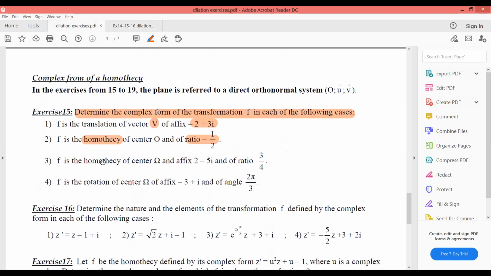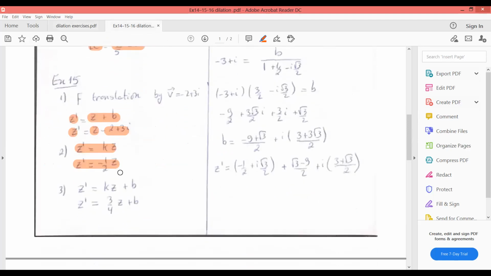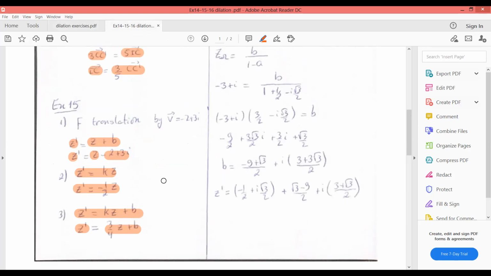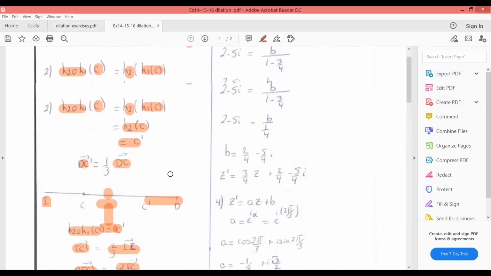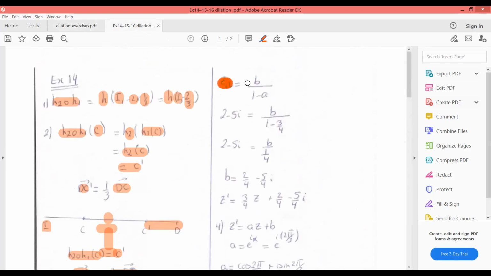Part 3. F is a dilation of center omega of affix 2 minus 5i and ratio 3/4. So I put Z prime equals KZ plus B. So Z prime, since k is 3/4, equals 3/4 Z plus B. To find B, I can say Z omega equals B over 1 minus a.